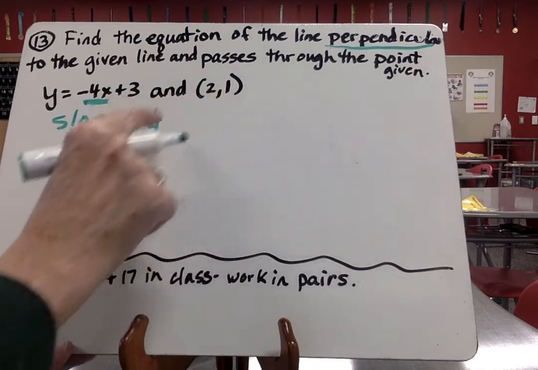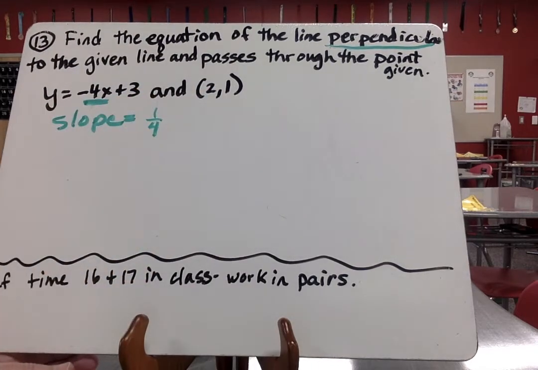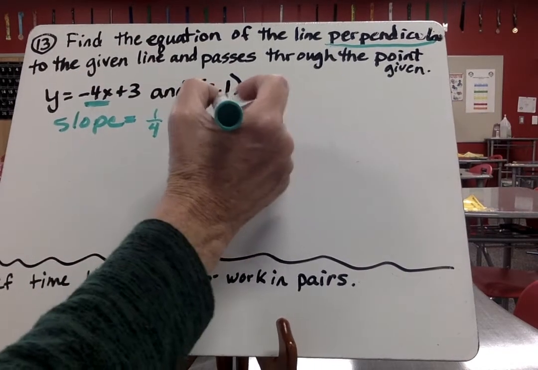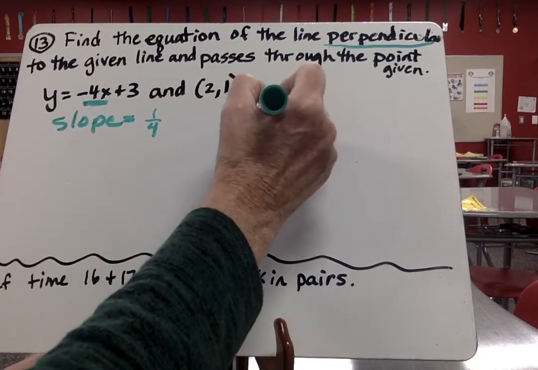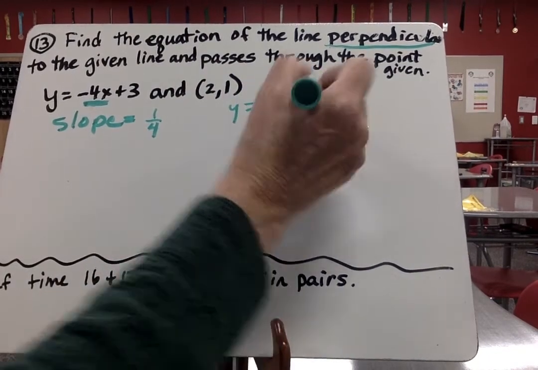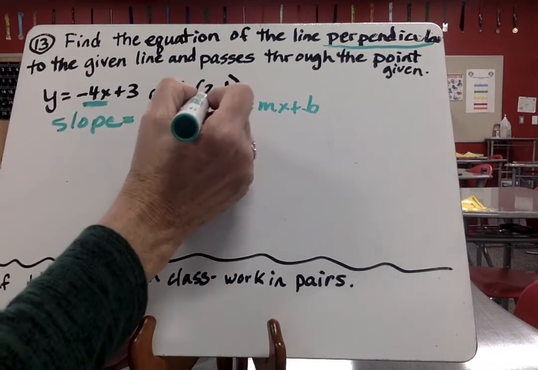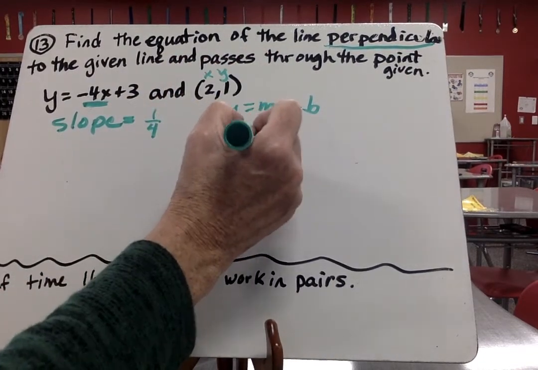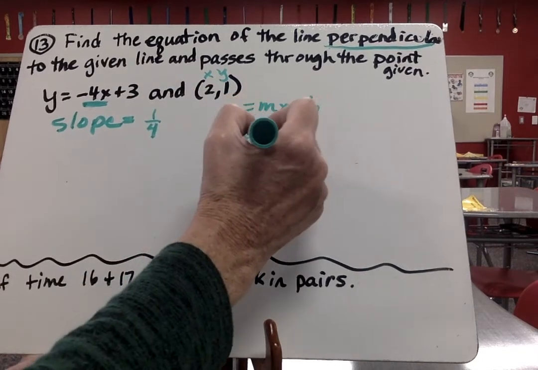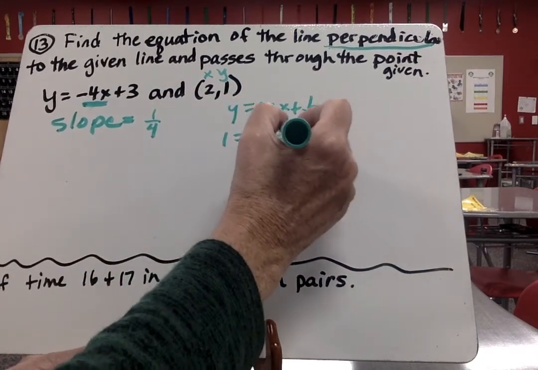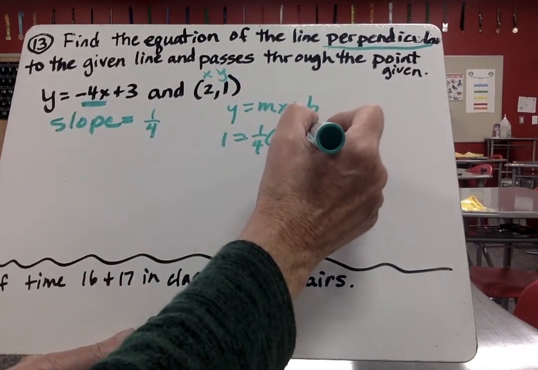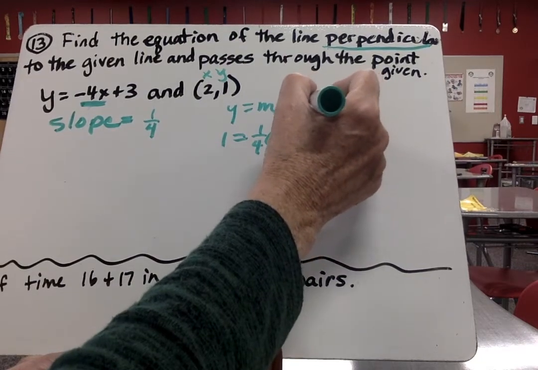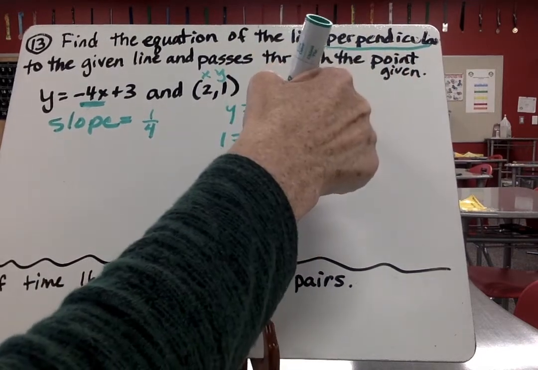Now we have a point and a slope, and we can put it in our equation to solve for b. So remember, y equals mx plus b. Okay? Our y, this is our x, this is our y is 1. 1 equals, our slope is 1/4, x is 2 plus b. And again, I should make it capital B. Okay.